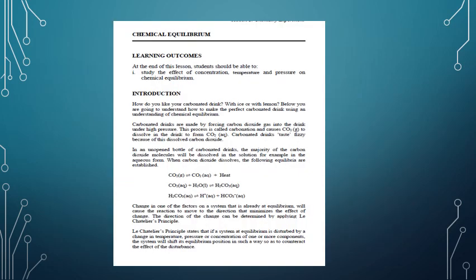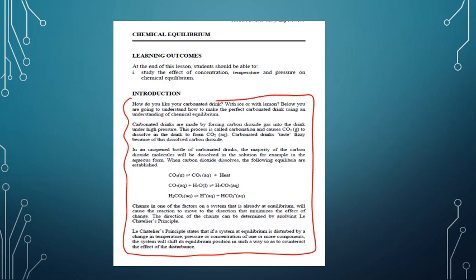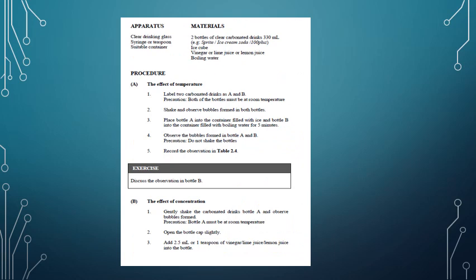On Padlet, this lab manual has been uploaded. Please read the lab manual. This is very important, especially the introduction. If you don't read this introduction, you will not be able to do the discussion for your experiment. So please read the introduction carefully, and especially this part, you must really understand. This is basically the apparatus and materials you need to prepare, and this is the procedure.